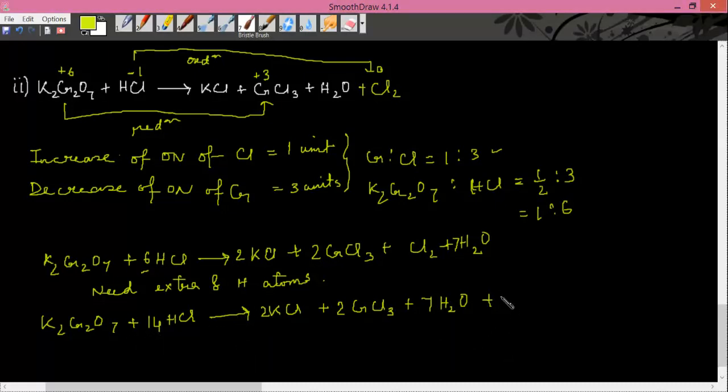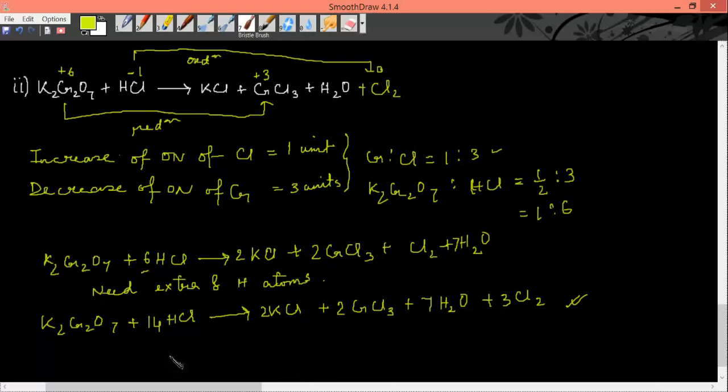So we need 6 more chlorines, which comes out from Cl2. Cl2, that means we need 3 Cl2, that means 6 chlorine. Okay, now the left hand side and the right hand side are balanced. This is the balanced reaction for the given chemical reaction.